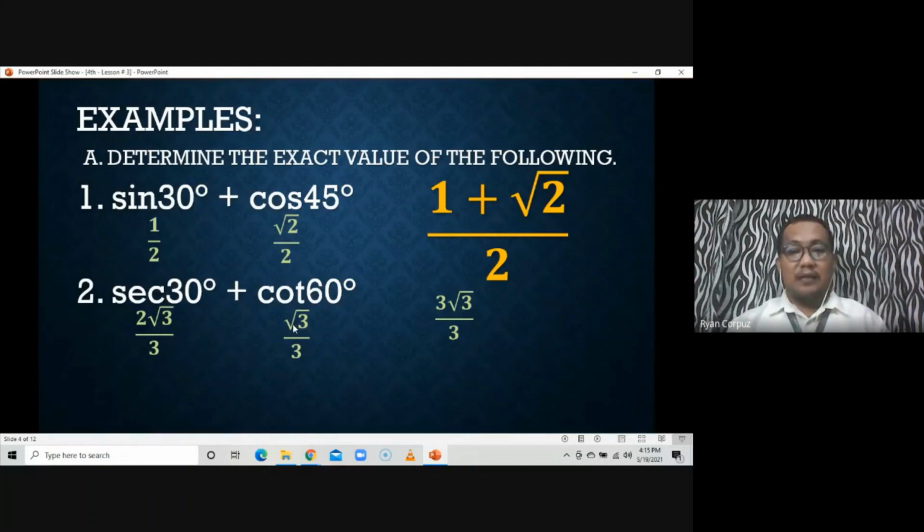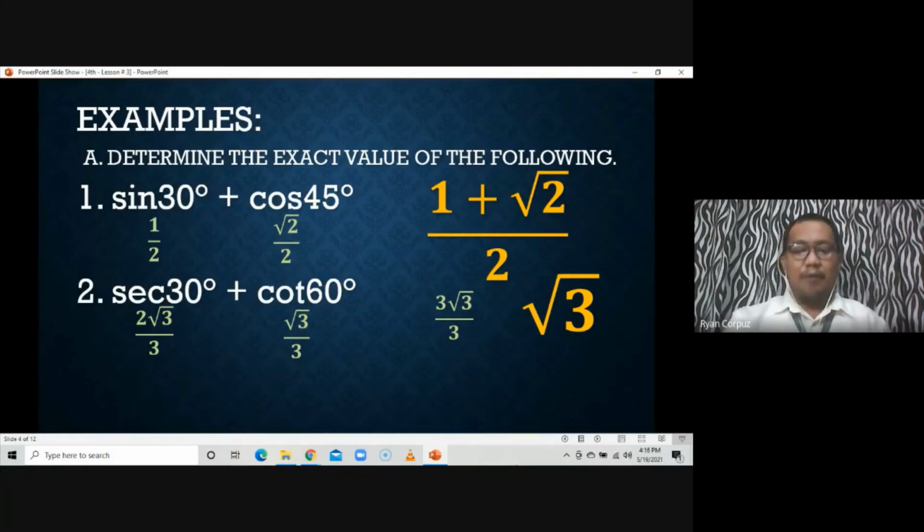But it's not yet simplified because as you can see, you can cancel out 3 here. So that ang matitira na lang ay square root of 3. So secant 30 degrees plus cotangent 60 degrees is equivalent to square root of 3. So nasundan yon.